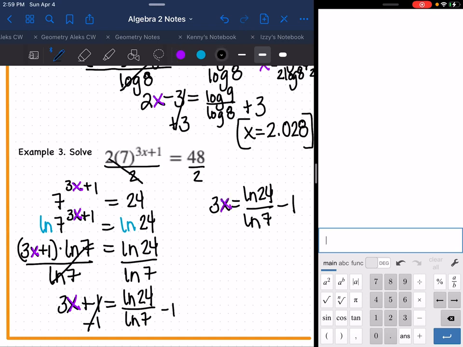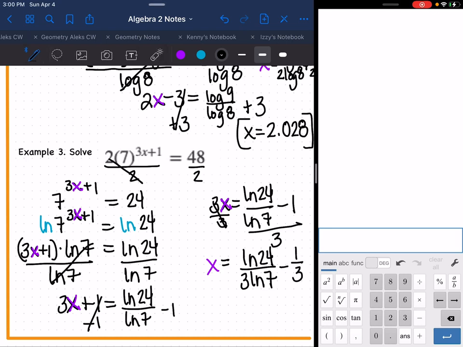To get the x alone, I'm going to divide by 3. Remember, when I divide by 3 like this, the 3 is going to go into the denominator, in front of the natural log of 7, and then underneath the 1.